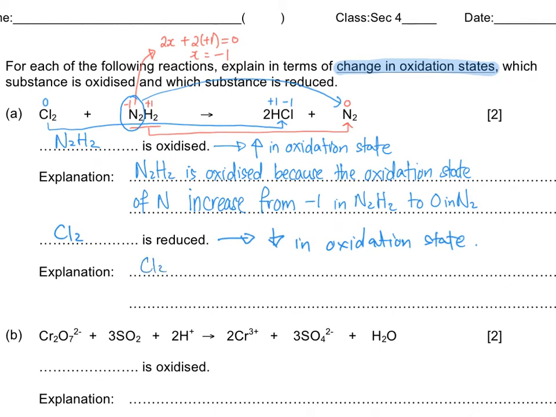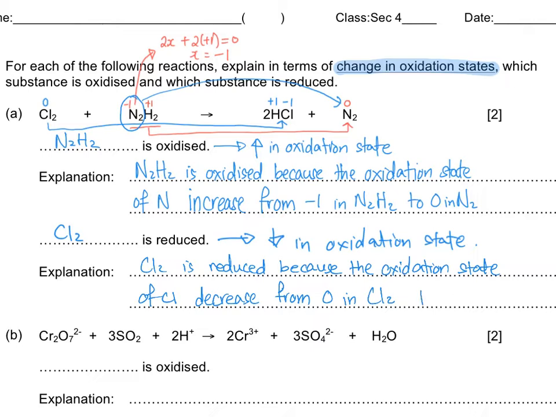Cl2 is reduced because the oxidation state of Cl decreases from 0 in Cl2 to negative 1 in HCl.